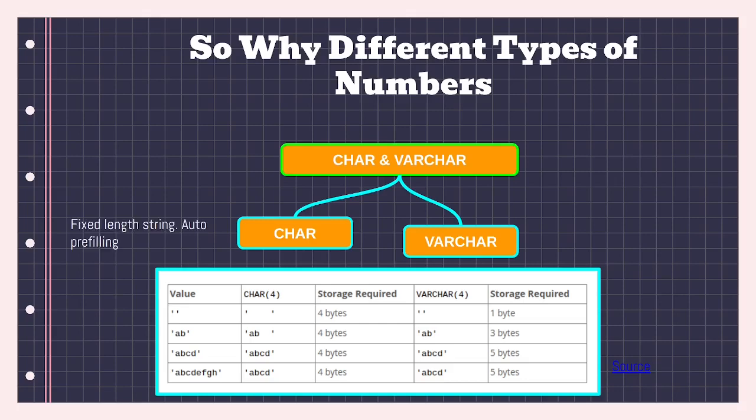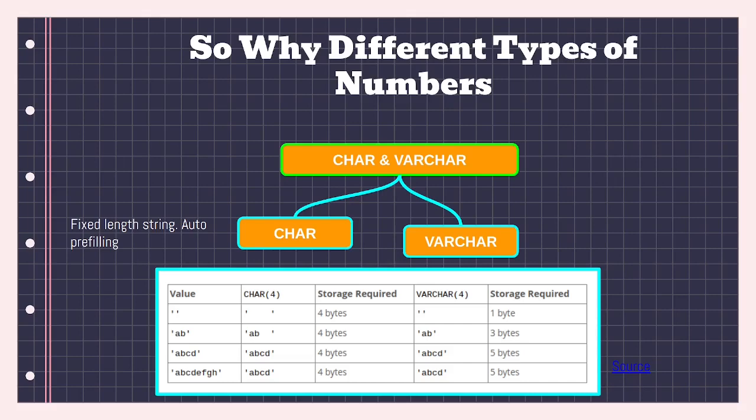The difference is that char, or character, is fixed length, and it has something called auto pre-filling. For example, let's say we created a char that's going to store 4 characters. It's always going to store 4 characters. If you want to store, let's say, Anna, that's A-double-N-A, 4 characters, and you specified a char of 4 characters, it's going to store those 4 characters.